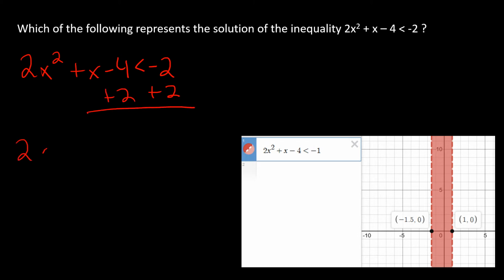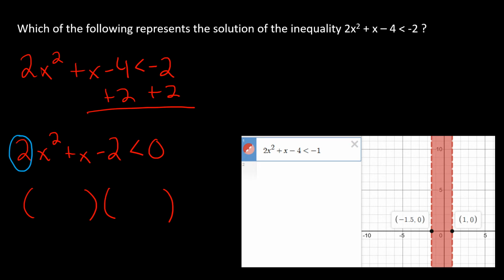So we would have 2x squared plus x, negative 4 plus 2 would be negative 2, is less than 0. So again, just like in the last problem, we want to set this equivalent to 0. Okay? And we would want to solve for these values of x that make this statement true. Well, in order to do that, we would again need to break down this trinomial into two binomials.